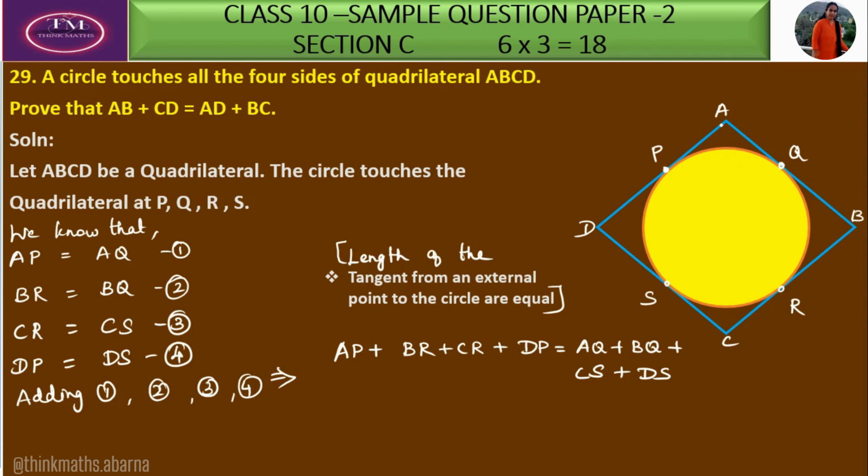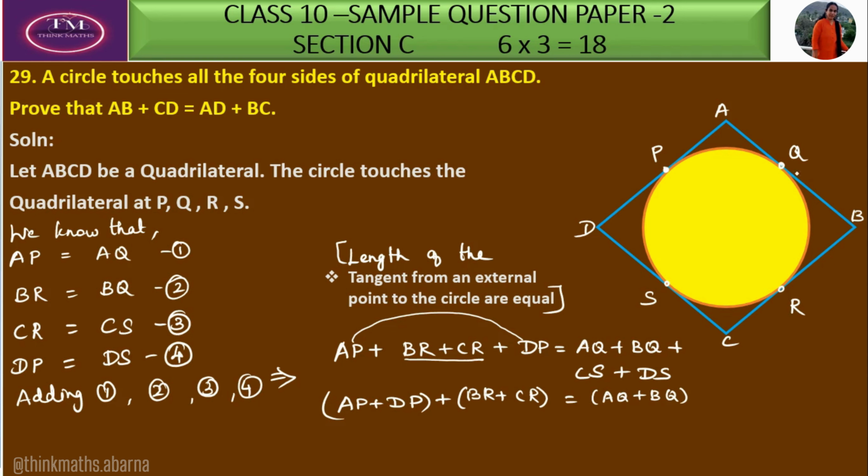Now what can we club? AP and DP, because AP plus DP is AD. So I am going to club AP plus DP. Next I am going to club BR plus CR. It is equal to BC. On the other side we have AQ plus BQ.